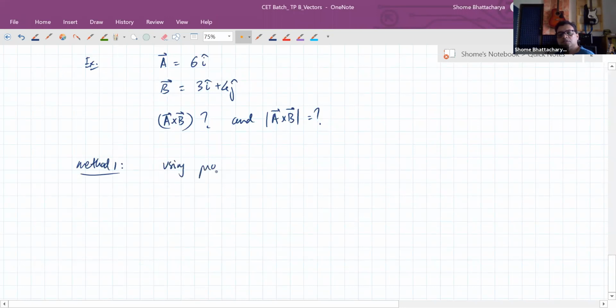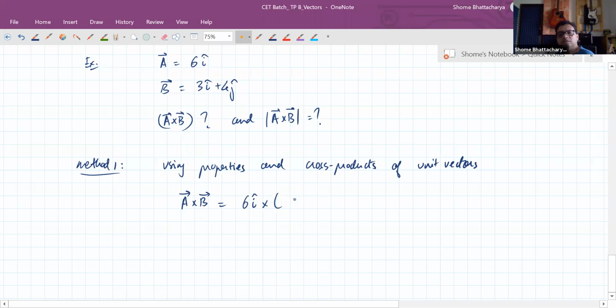Using properties and the cross products of unit vectors. So this is like a formula based kind of method. So what I will do here is I will replace A with its component form 6 i cap, and replace B with itself in component form.